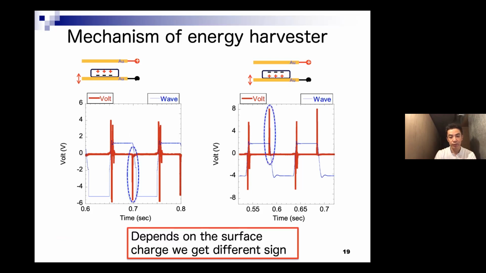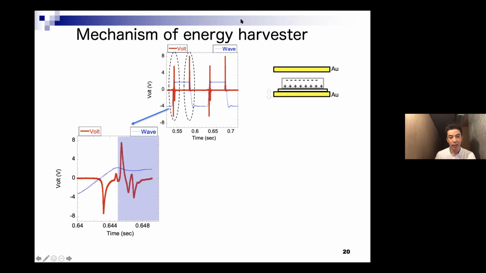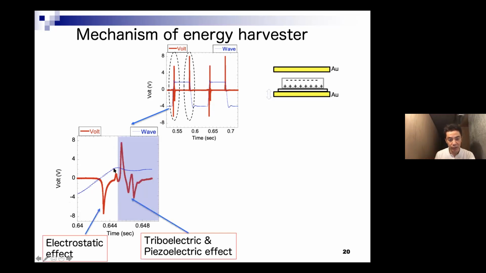Another proof is that if you zoom in on this current, it is like this. Here the electrode is approaching the electrode, and here is when the electrode attached to the electrode.